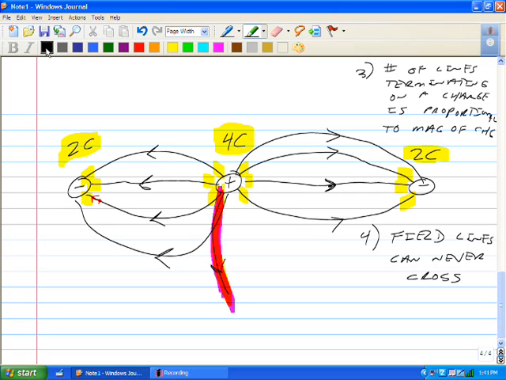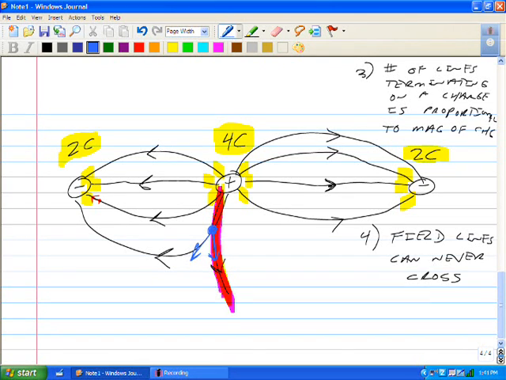If I put a positive test charge right here, what's the direction of the net force? Is it here? Or is it there? You don't know. Is it possible for there to be 2 different directions that a net force can be pointing?